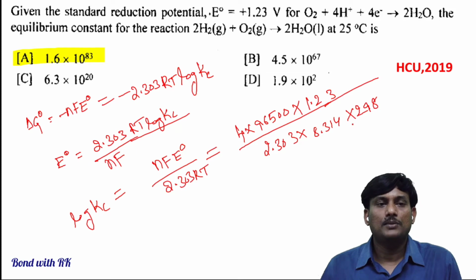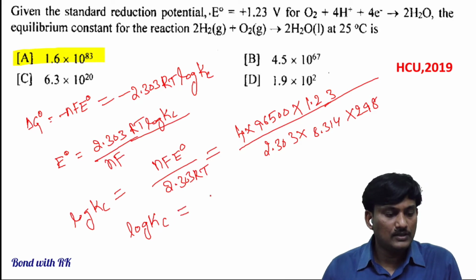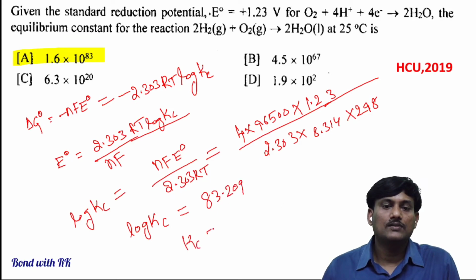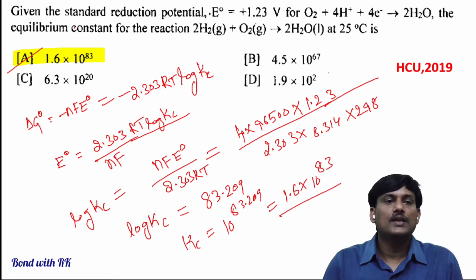So upon simplification, you will get log Kc is equal to around 83.209. So Kc is equal to 10 power of 83.209. So you will get around 1.6 into 10 to the power of 83. So A is the correct option.